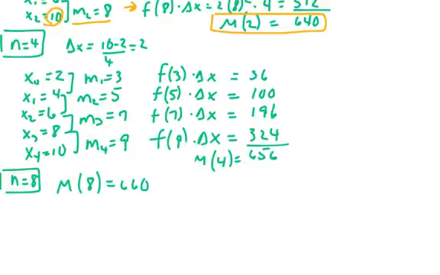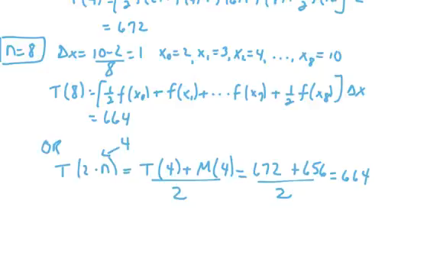And then you add them all up for m of 4 equaling 656. And then I just give you m of 8. It's getting tedious, which is why we're going to be doing the lab, to do all the manual computations by hand here. So let's look at the next approximation technique, which is the trapezoid rule.